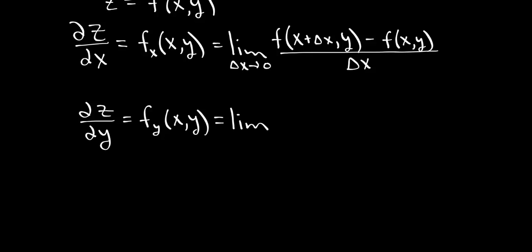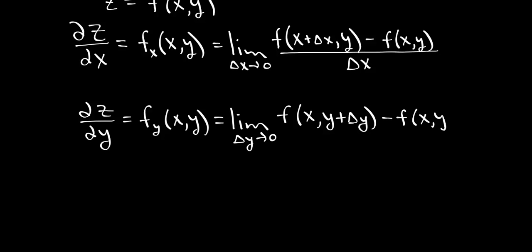So now the definition is going to look like this: the limit as delta y goes to 0 of f of x, comma, y plus delta y, minus f of x, y, over delta y. So there's the partial of z with respect to y.